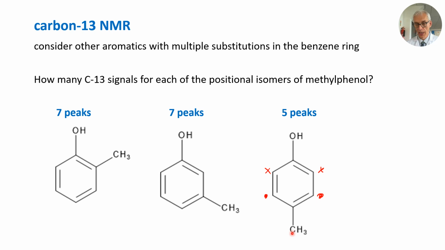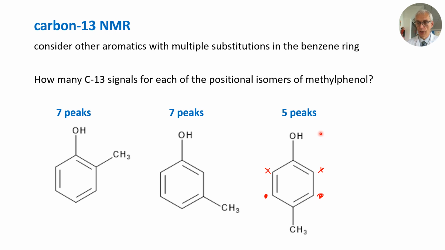So the carbon-13 spectrum can only provide limited information in terms of determining structure or differentiating between isomers. Carbon-13 cannot help you with determining which of the isomers you have, is it 2-methylphenol or 3-methylphenol, but it can tell you that you've got 4-methylphenol.